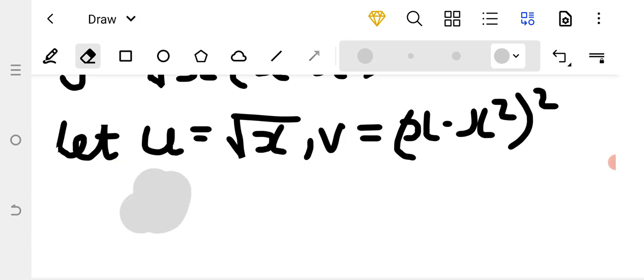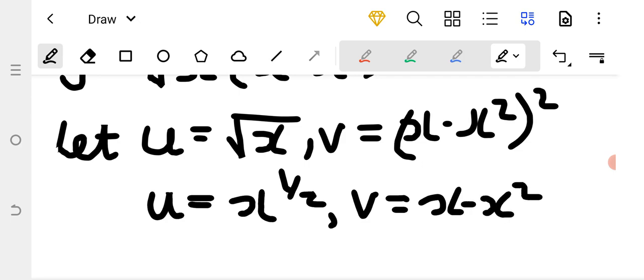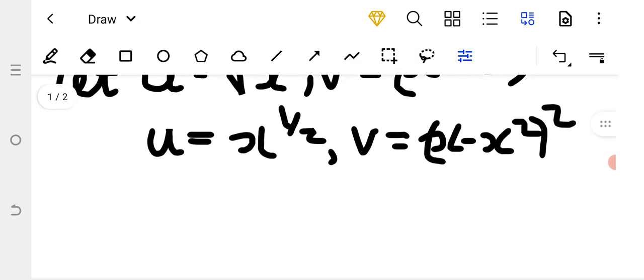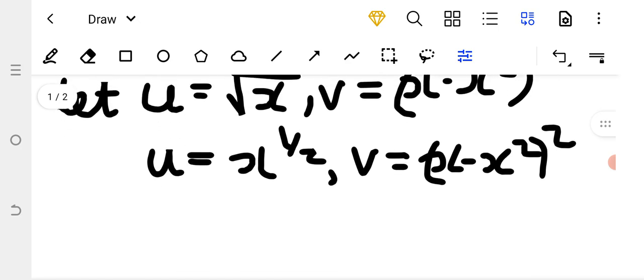So u is equal to x to the power half. And then we'll just write v once more, which is equal to x minus x squared raised to the power 2. The square root has an invisible 2, which we do not write.